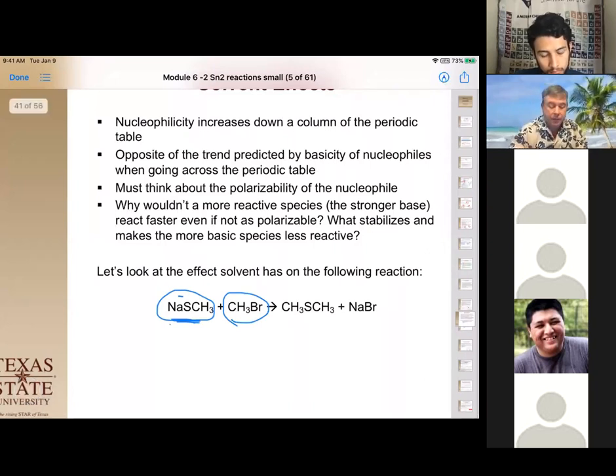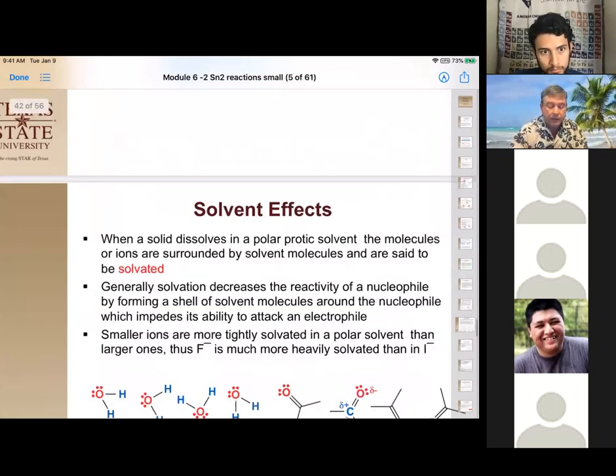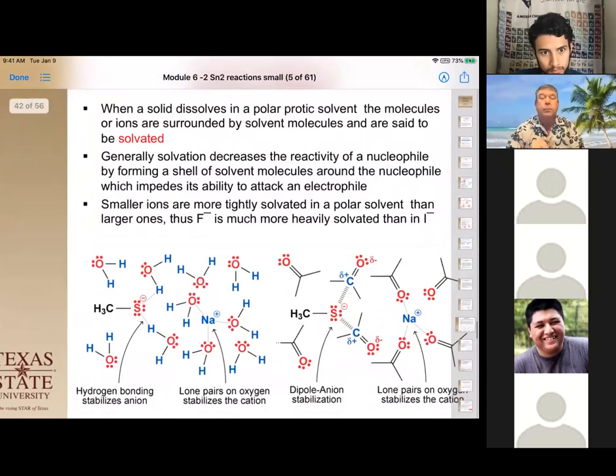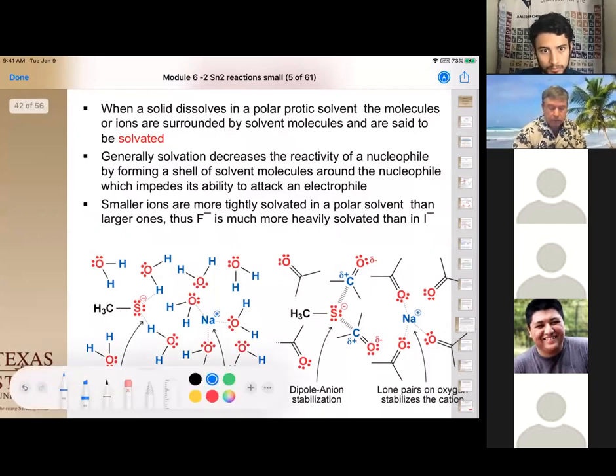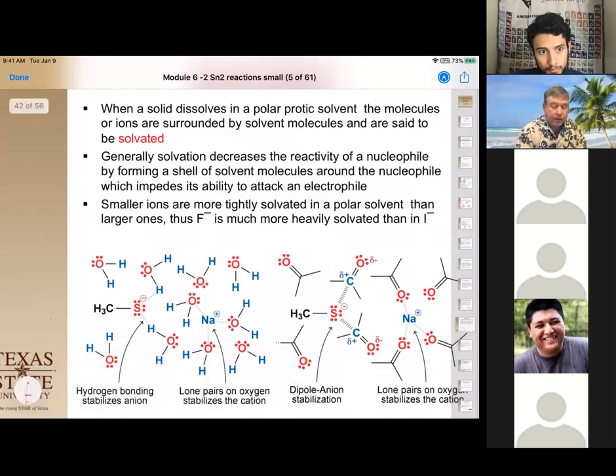Okay. So when we look at that and we put it into a polar protic solvent, what we're going to see is that the electrons on the sulfur atom here are going to be sharing that negative charge with as many hydrogens as possible to be able to stabilize that charge.